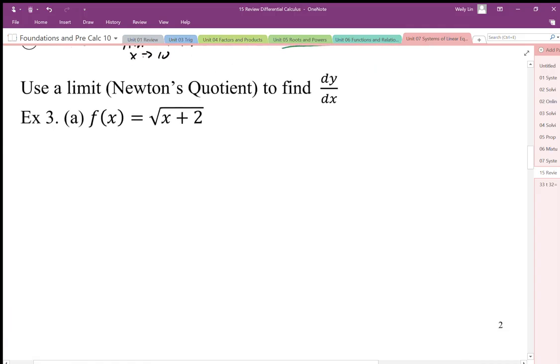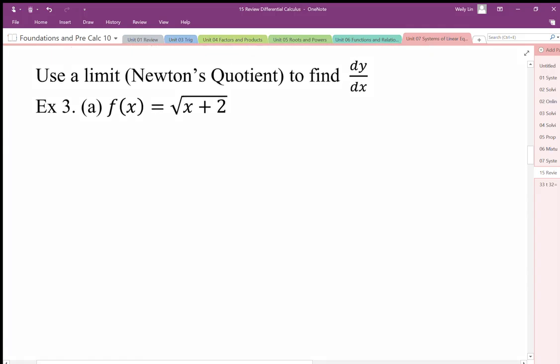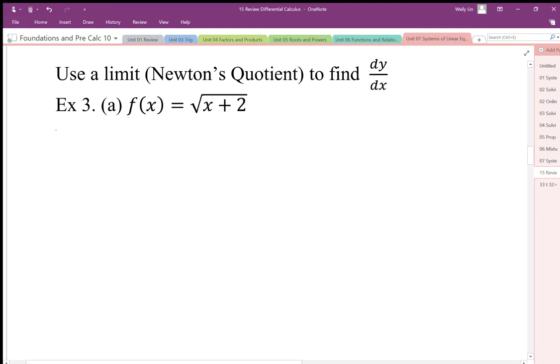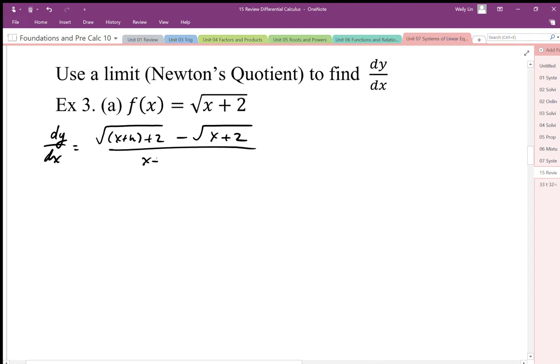For Newton's quotient, we only use it when we're asked to, and we basically want the limit form of the derivative. So the change in y over the change in x, or f prime, is going to be equal to y1 minus y2 over x1 minus x2, and this always simplifies to h.